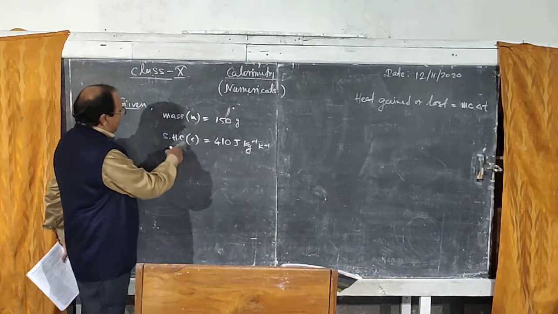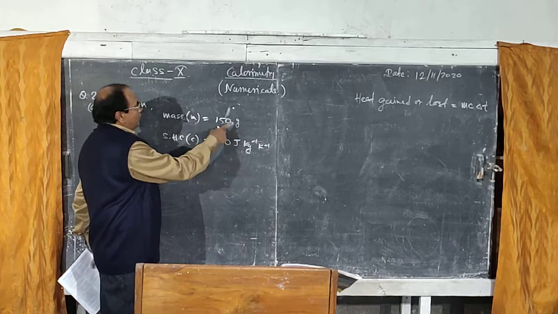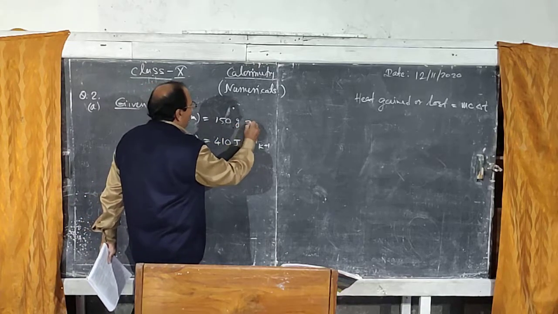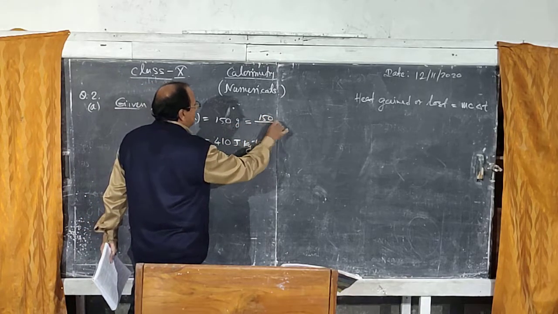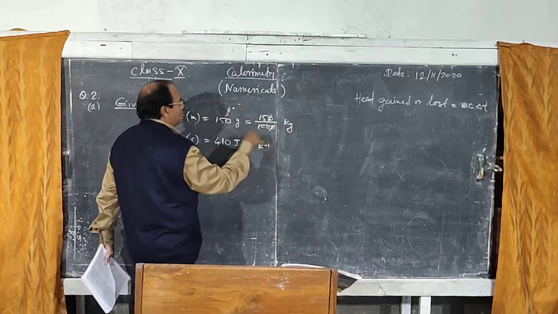Now since SHC is given in terms of SI unit, we have to convert this mass in terms of SI unit. So we will go for 150 divided by 1000, it goes as kg, cut the zeros and leave the rest of the portion.